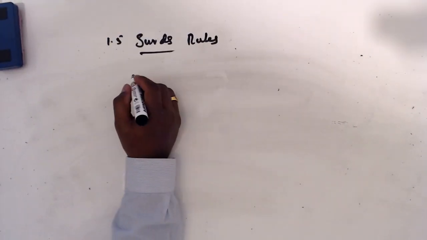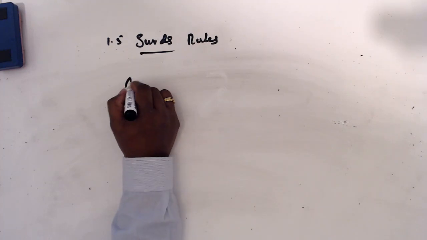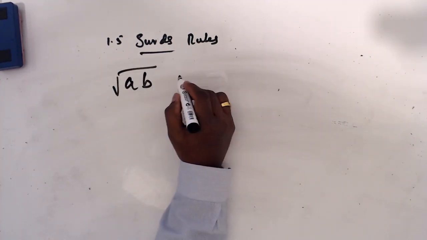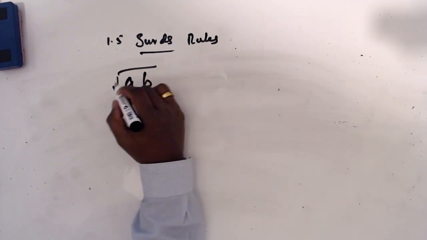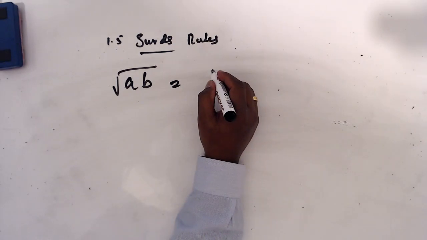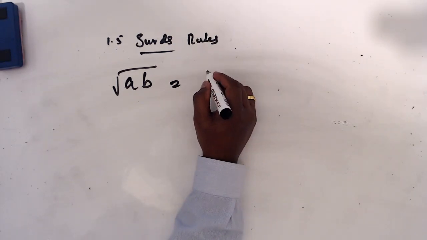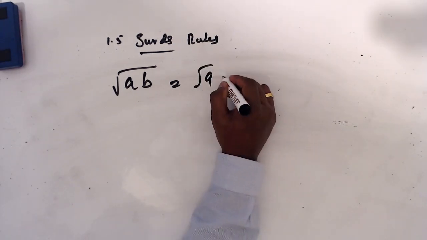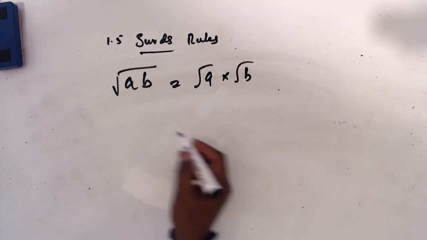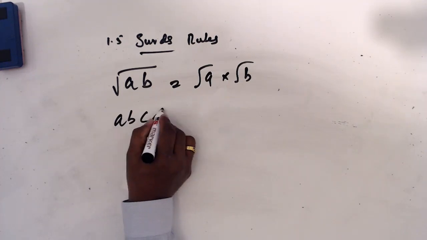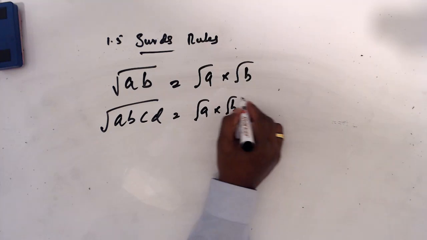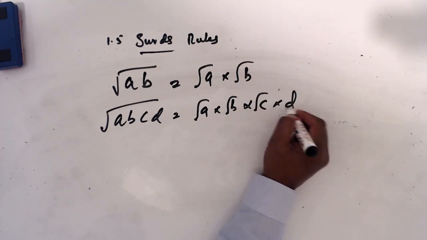So there are two rules. If we see square root of a times b, square root of ab basically, we can write it as square root a times square root b. This will imply that if there is a, b, c, d under a square root, then you can write a times b times c times d.